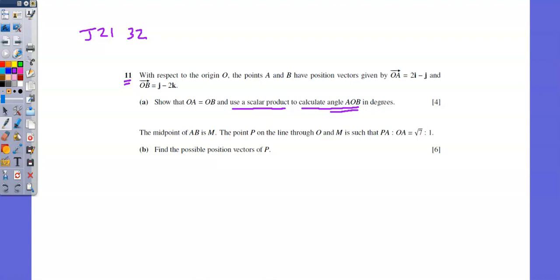Let's do a very rough diagram, because it's a two-dimensional diagram of a three-dimensional scenario, and look for what's going on here. The midpoint of AB is M. We're given A and B. I'm just going to randomly draw them in, not making any attempt to scale, because it's three-dimensional and I know that's challenging.